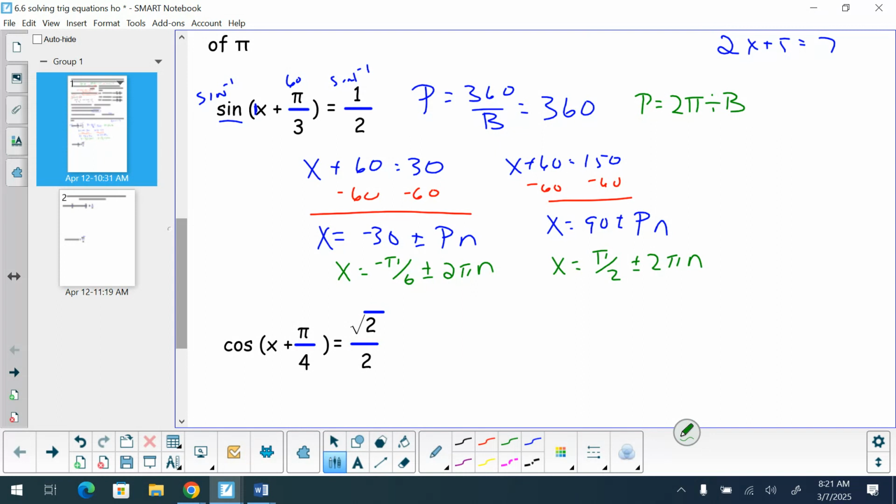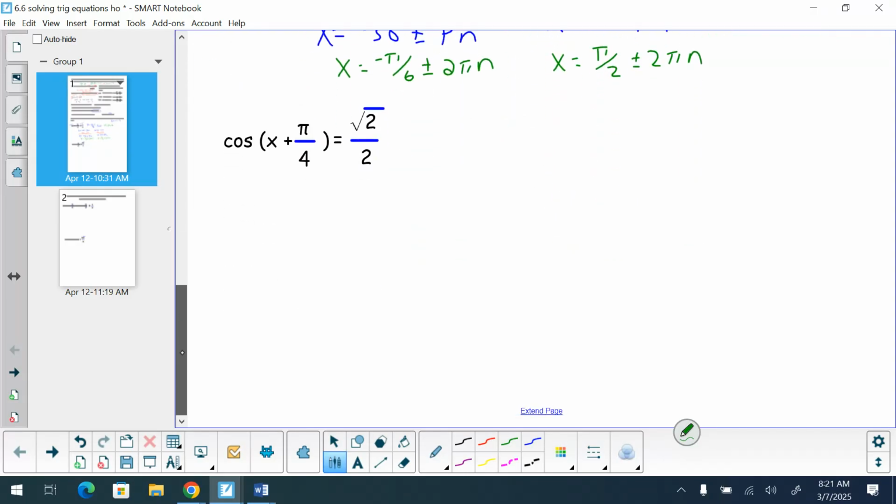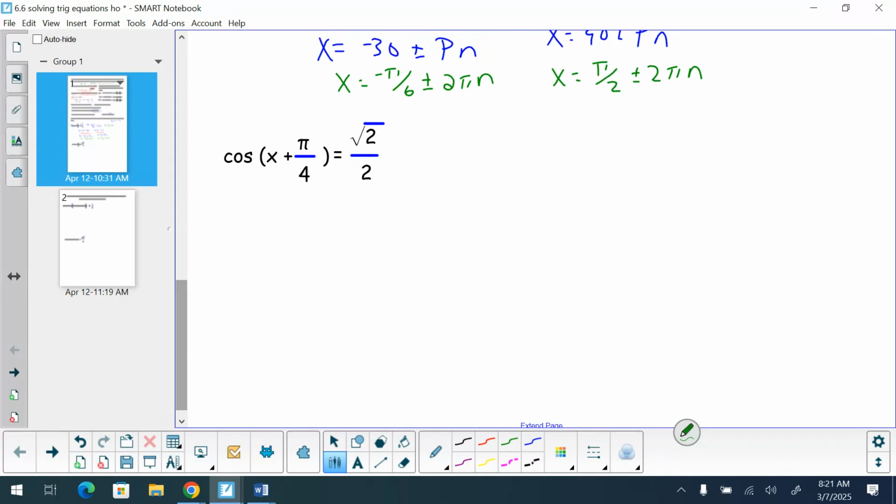Once again, this is a way of us being able to bend the rules a little bit to be able to solve our equations. We have cosine of x plus pi over 4. Pi over 4 is what degree measure? 45.